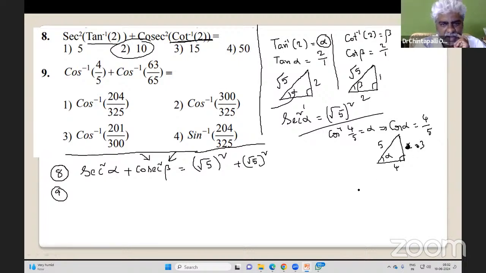Next, let us take cos inverse of 63 by 65 as beta. So cos beta is equal to 63 by 65. Got it?